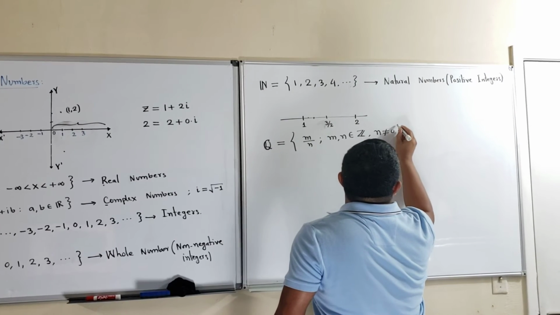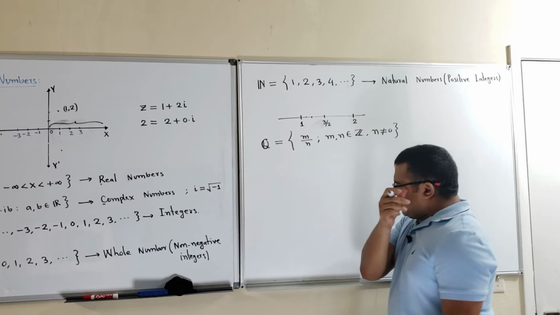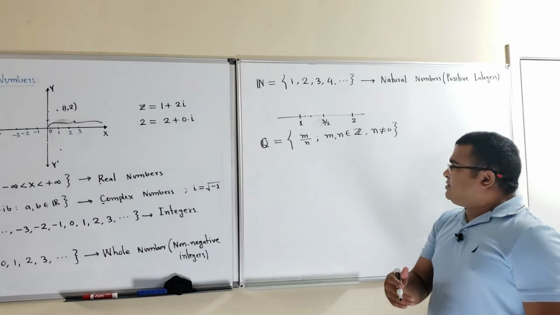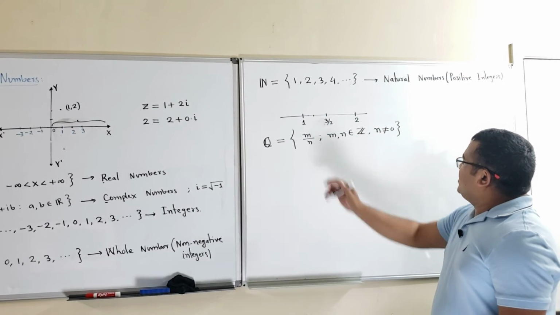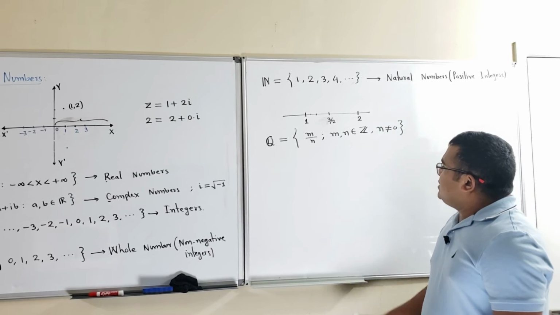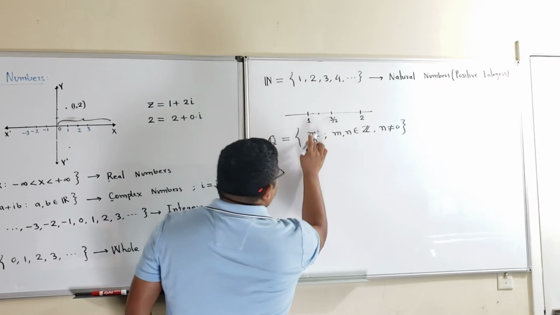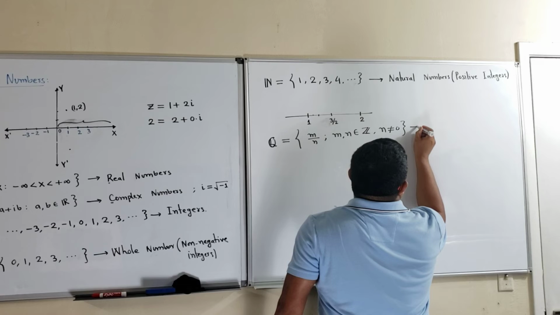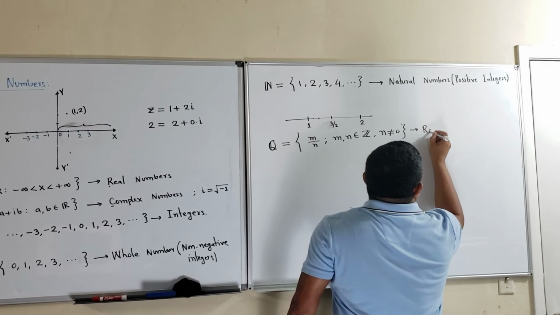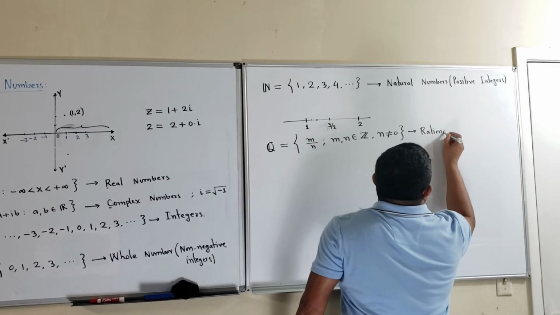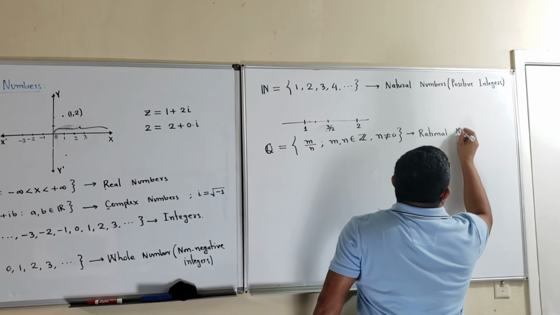Why? Because we cannot divide anything by 0, that's why n cannot be 0. So this is a ratio of two integers, that's why it is called rational number.